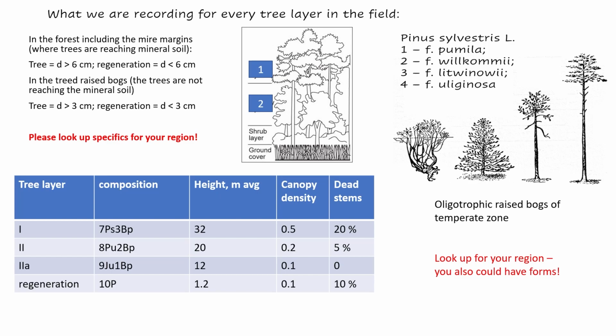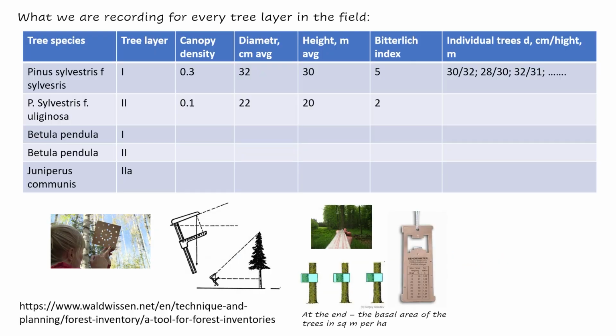And we always put the percentage of dead stems, because in the peatland the dead stems very often stand a long time in the stand without falling down, and we have to include them in the structure, because they are also part of the stand structure, even if they are dead. They take their space in the horizontal and vertical structure.